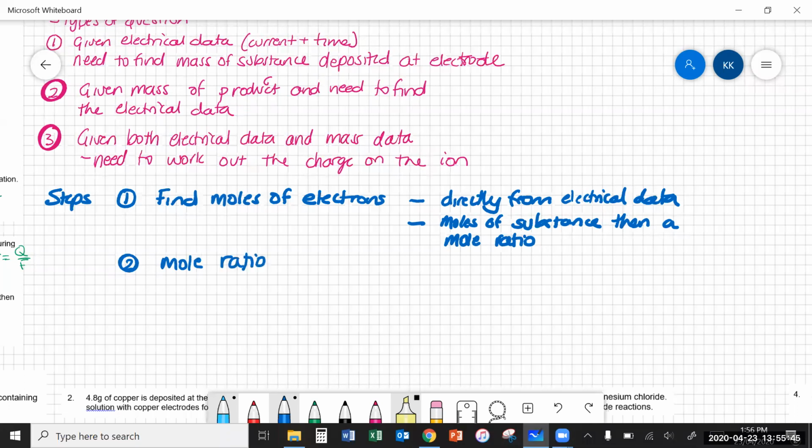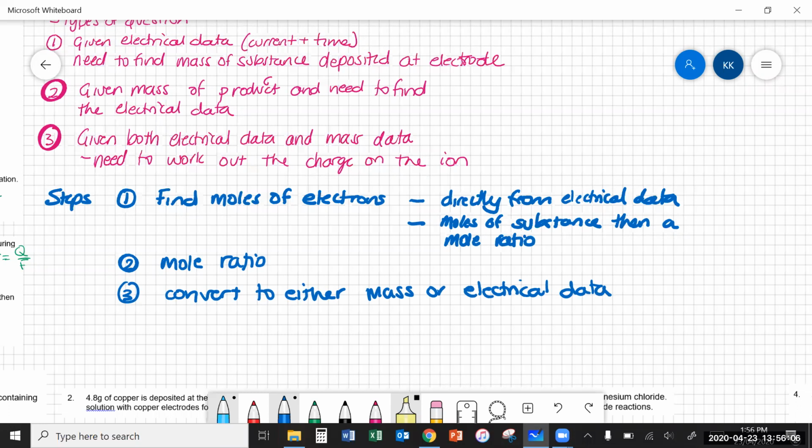And then you're going to need to convert to either mass or electrical data. So that's your basic steps that you need to go through.